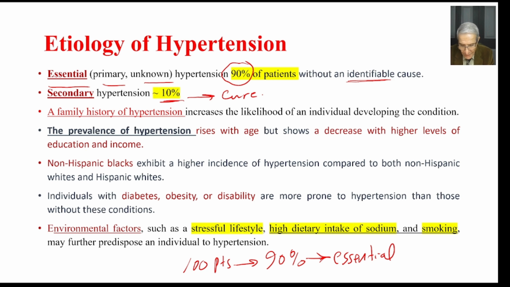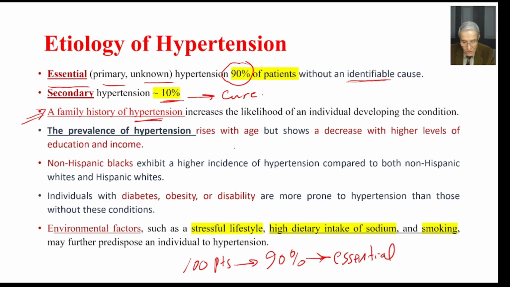Family history of hypertension increases the likelihood of an individual developing the condition. If you have someone in the family like siblings, parents, or first-degree relatives with a history of hypertension, this increases the risk of hypertension.